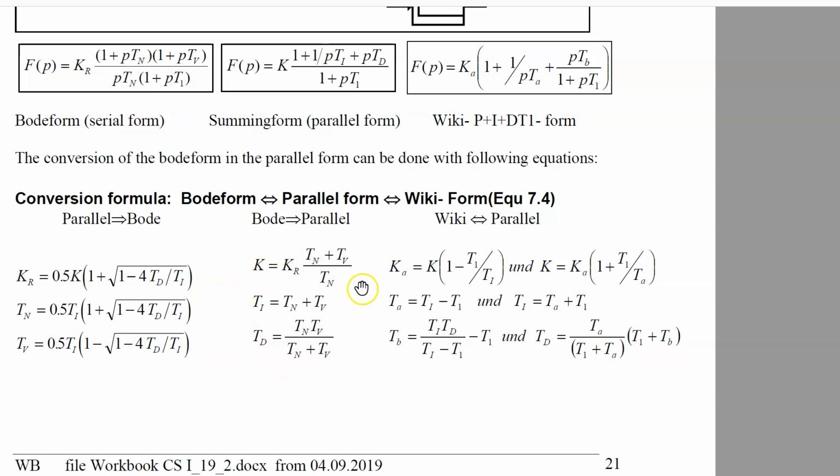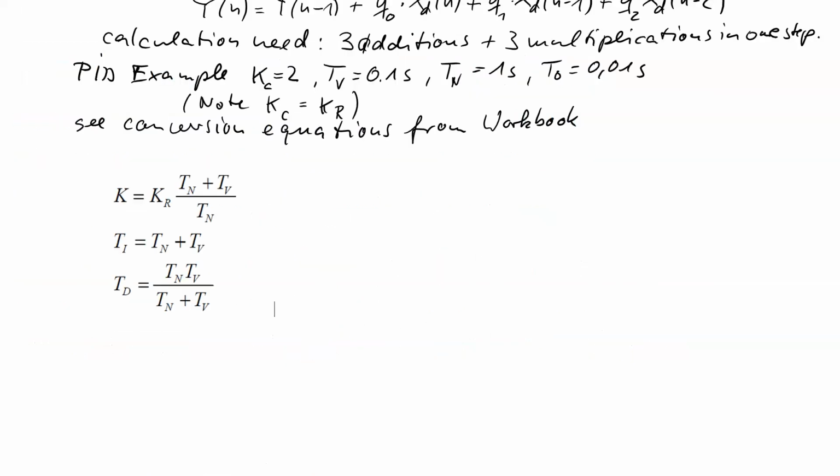We need these 3 equations, so I make a copy of this, put this into my writing, and then I can use these equations. Now I can directly put the values into these equations. K is 2 times (1 second plus 0.1 second) divided by 1 second, so K is 2.2.